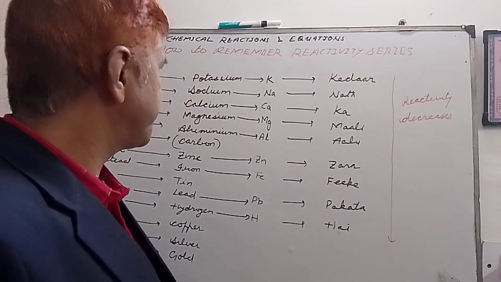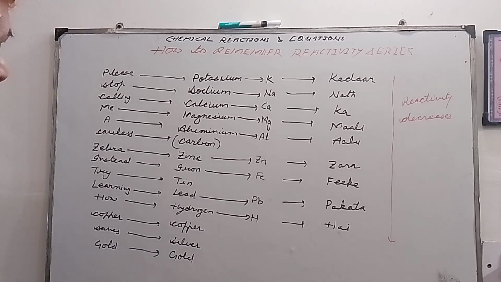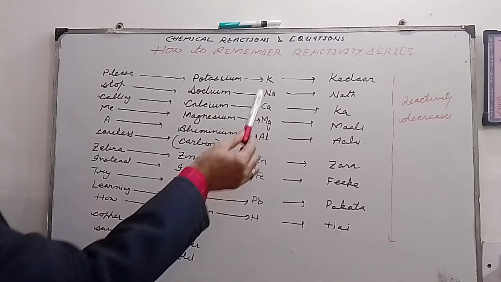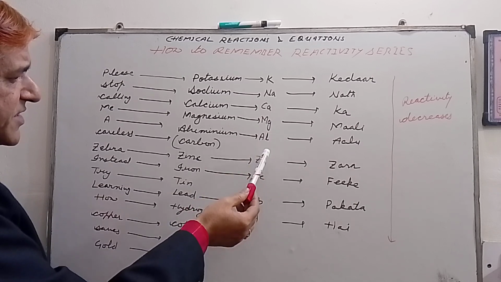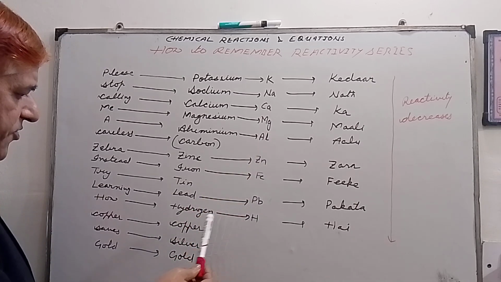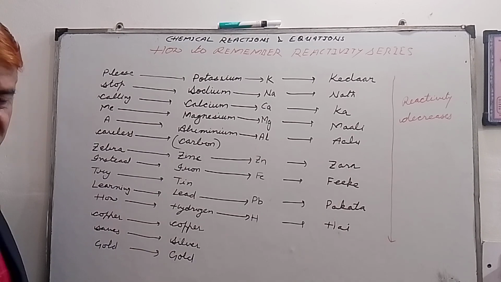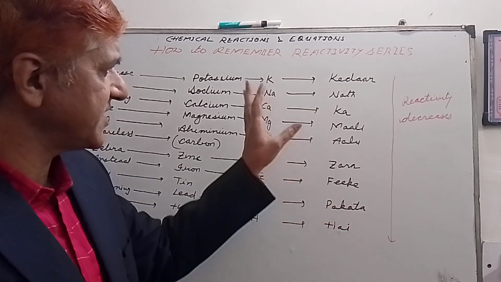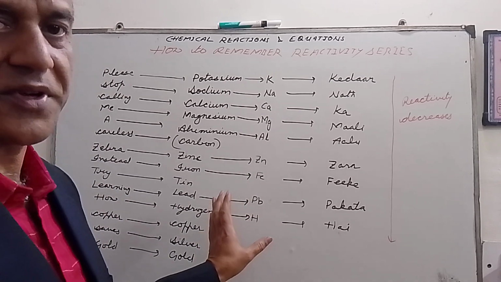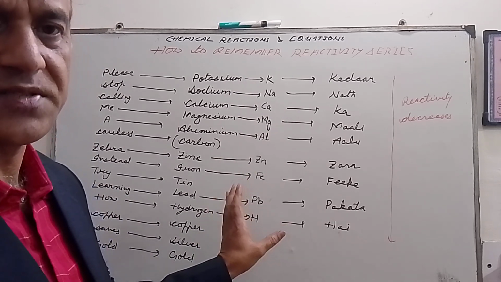So my dear students, which metals come in the reactivity series? The metals coming in the reactivity series are potassium, sodium, calcium, magnesium, aluminium, zinc, iron, lead, copper, silver, and gold. This series is called the reactivity series.